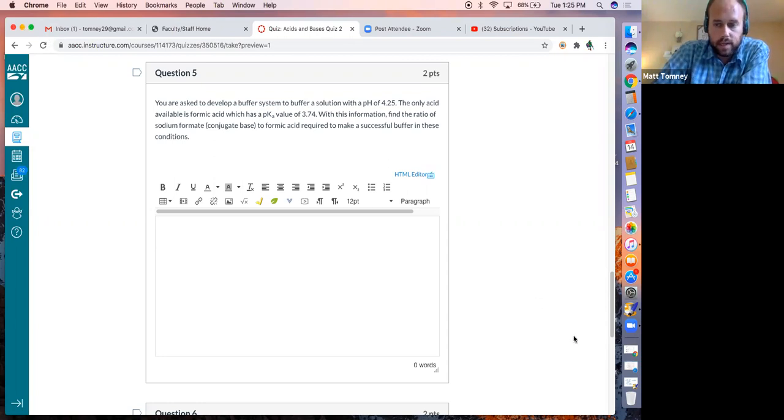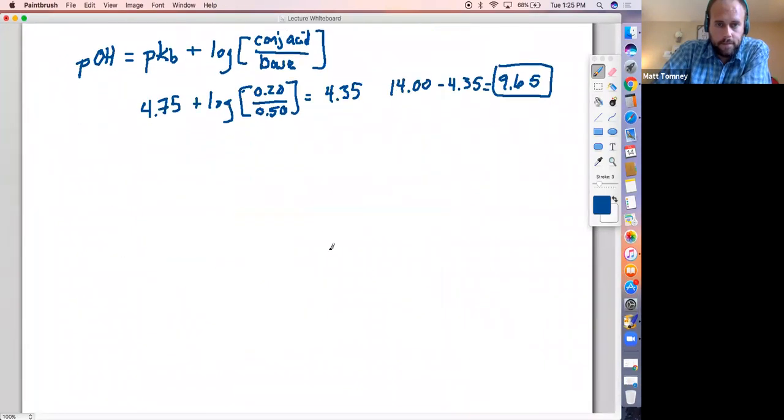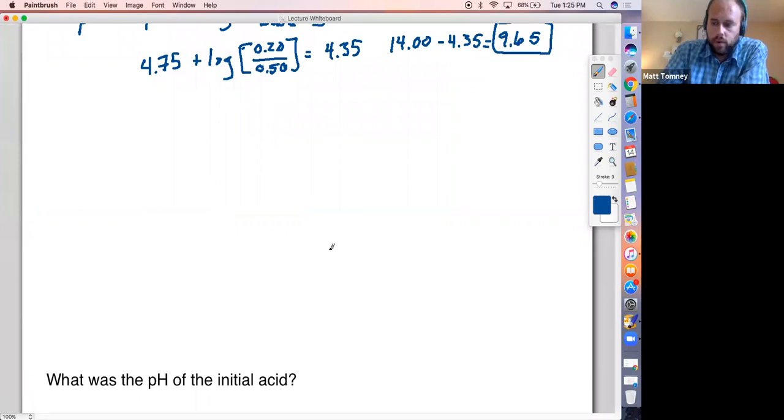So let's take a look at this. For this problem, the way you want to start approaching it is to say, the pH is 4.25. So I'm going to put that over and set that equal to my Henderson-Hasselbalch equation. The pKa is 3.74.